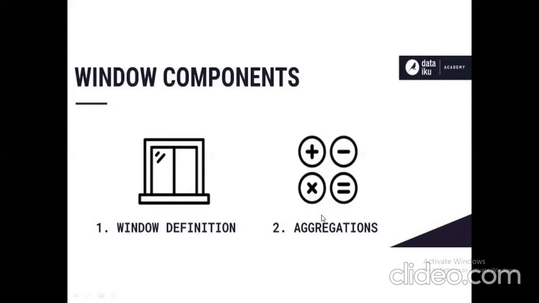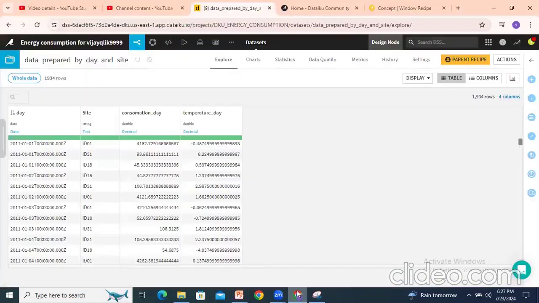Going back to this data, I'm considering site as the group, so based on site we will group the data. If required, we will order by day, but this is optional. For consumption day, we will apply the sum, or any aggregation like average, max, min, sum, etc.